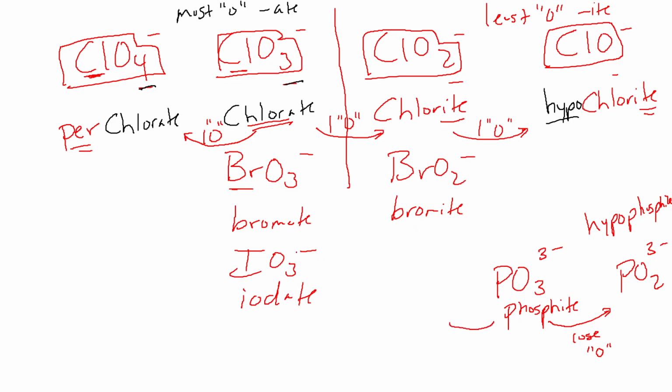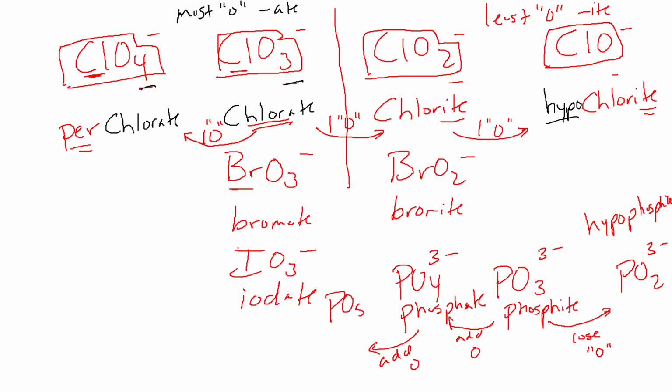Now, hey, let me add an oxygen to my phosphite. If I do that, I got PO4 3 minus. Instead of phosphite, it becomes phosphate. Hey, just for the fun of it, let's add one more oxygen to get a group of 4. So one more oxygen would be actually PO5, same charge, 3 minus.